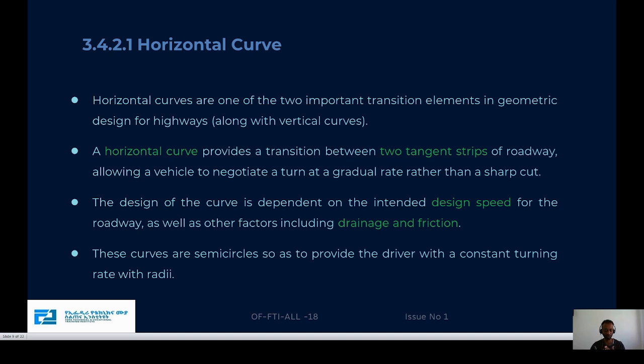For example, one road is going north and the other is coming from the east, so there is a sharp curve. So we provide those curves to provide a smooth turning. So this one is horizontal alignment. The design of the curve depends upon the design speed. So if the design speed is increased, the minimum radius will be increased.